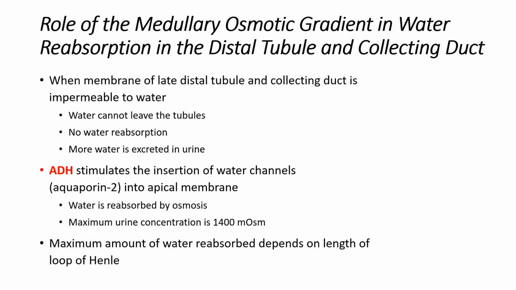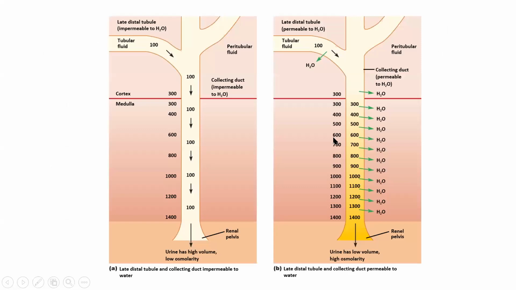The gradient between what's happening in our proximal convoluted tubule and what's happening deep in the deepest part of that loop of Henle. And so the longer the loop of Henle, the more opportunity for a bigger gradient and the more opportunity for more water reabsorption, or more water conservation, we can think of it as. Alrighty?